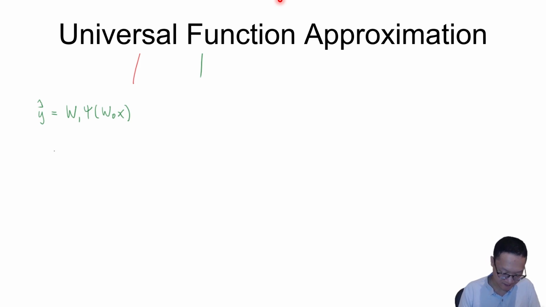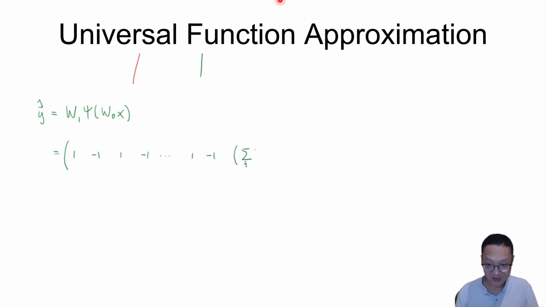In our case, I'll write down the answer first, and then we can expand everything to show that we do get the previous function that we had. It turns out that we're going to get a bunch of ones and minus ones, many of these, and then a summation over all the a_i plus alpha for the last component.